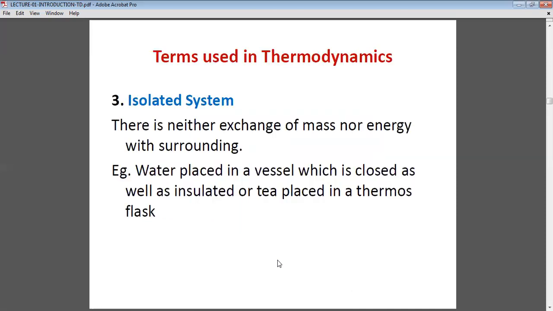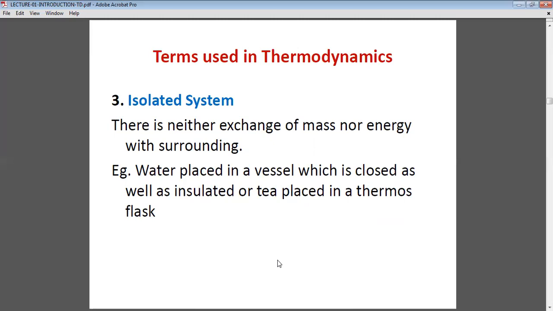So next one is the isolated system. An isolated system means there is no mass transfer into or out of the system, and no heat transfer. That means the isolated system is one in which there is no interaction between the system and the surroundings. So it is of fixed mass and energy, and there is no mass or energy transfer across the system boundary.